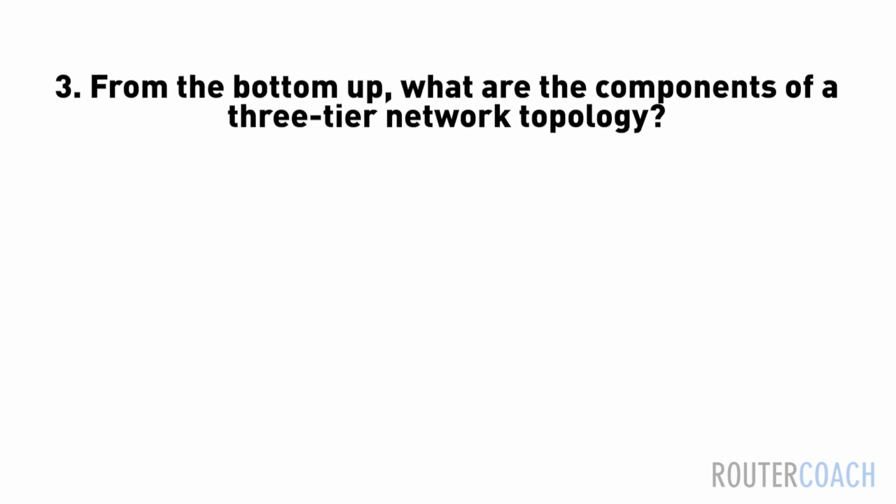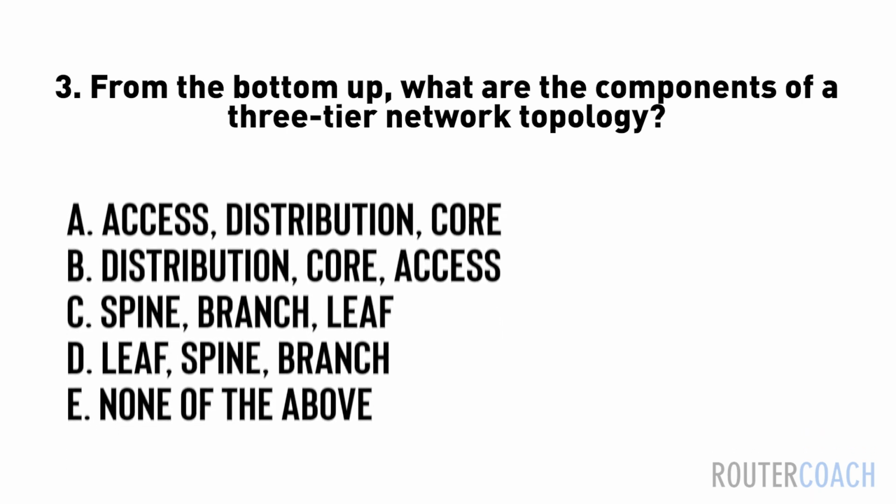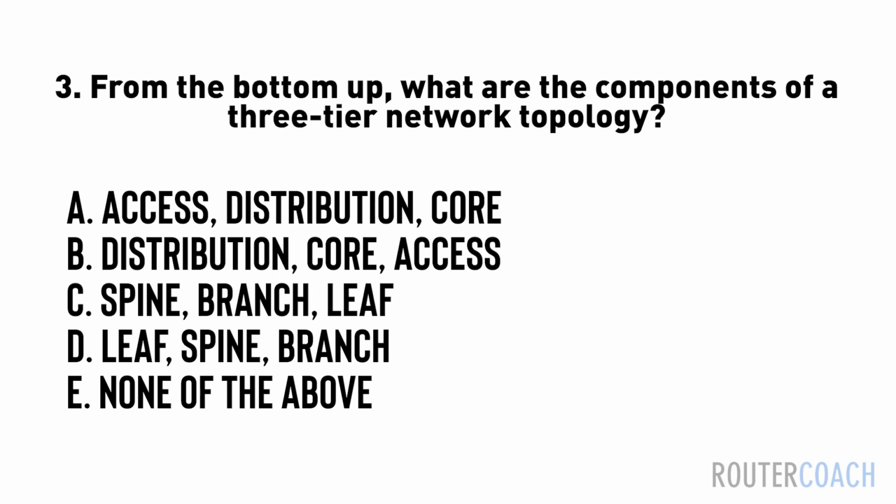3. From the bottom up, what are the components of a three-tier network topology? A. Access, distribution, core, B. Distribution, core, access, C. Spine, branch, leaf, D. Leaf, spine, branch, E. None of the above.